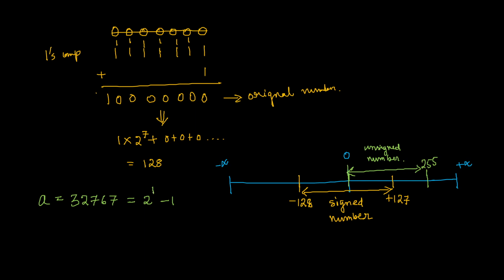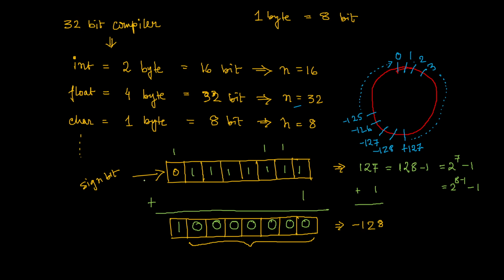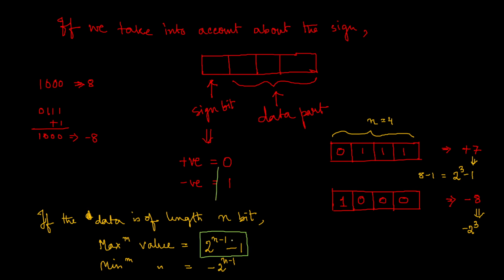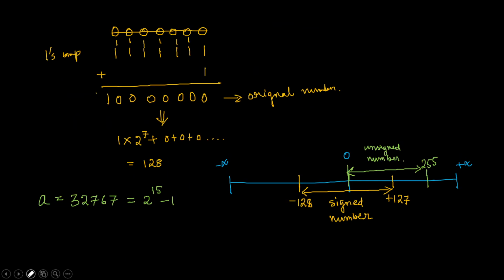Why 15 am I saying? 15 means 16 minus 1 because here n is 16 for int. And if I follow the rule 2 to the power n minus 1, then it has to be 2 to the power 15 minus 1, right?